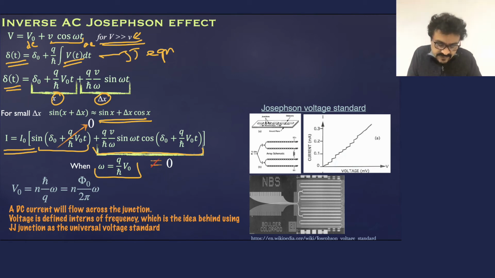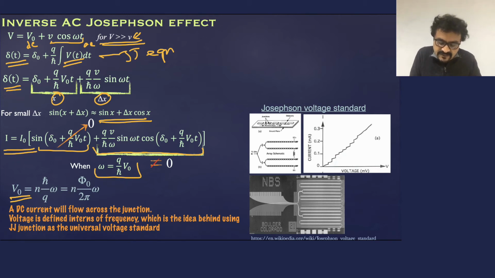Now, what you can write from this is V0, the DC voltage that is basically across the junction, is N H bar Q by omega whenever there is a current through it. Okay, whenever there is a current flowing through it, the DC voltage is given by this relation.